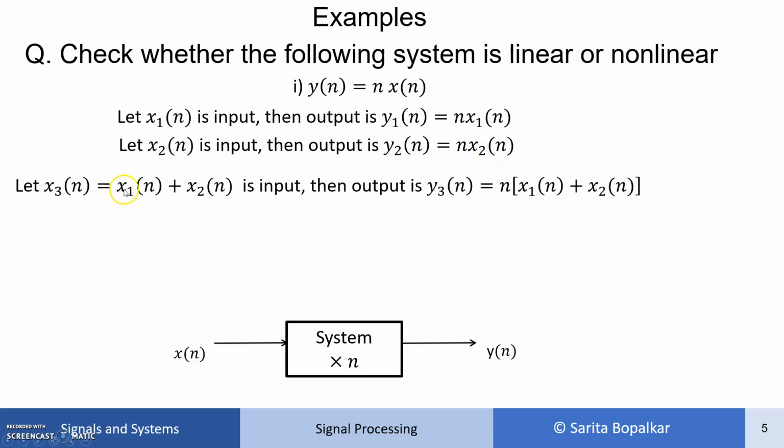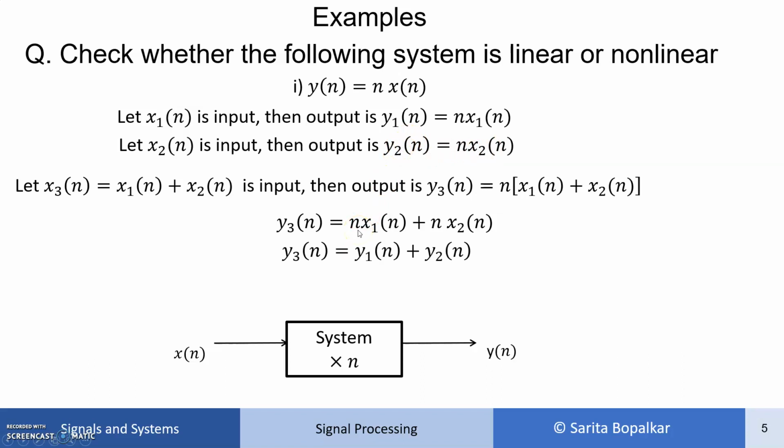Now we take x3(n), which is the summation of x1(n) and x2(n), as the input. The output, we know, is whatever the input is multiplied by n. So n times (x1 plus x2). Now let's solve this. Take this n inside. So y3(n) is n times x1(n) plus n times x2(n). If you check the previous y1(n) and y2(n), n x1(n) is y1 and n x2(n) is y2.